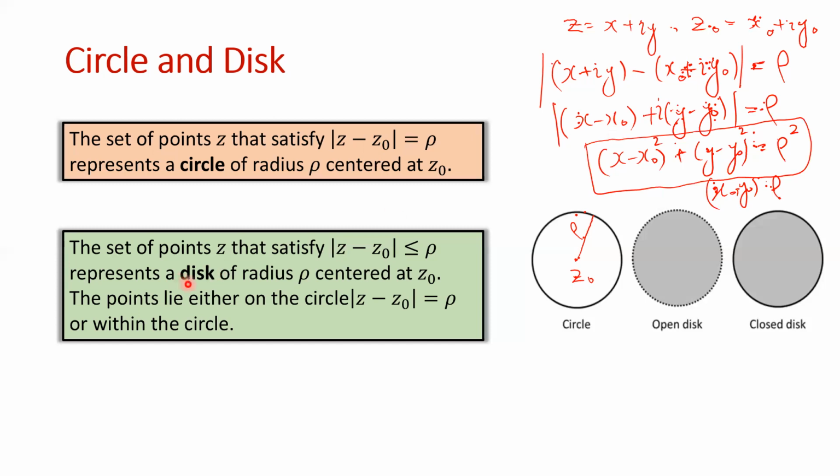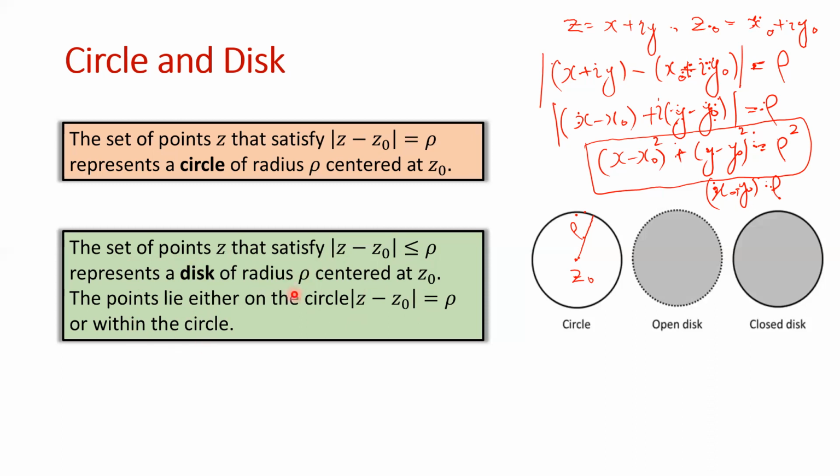Now comes a disk. The set of points Z that satisfy the equation |Z - Z0| <= rho represents a disk of radius rho centered at Z0. So the points lie either on the circle or within the circle.